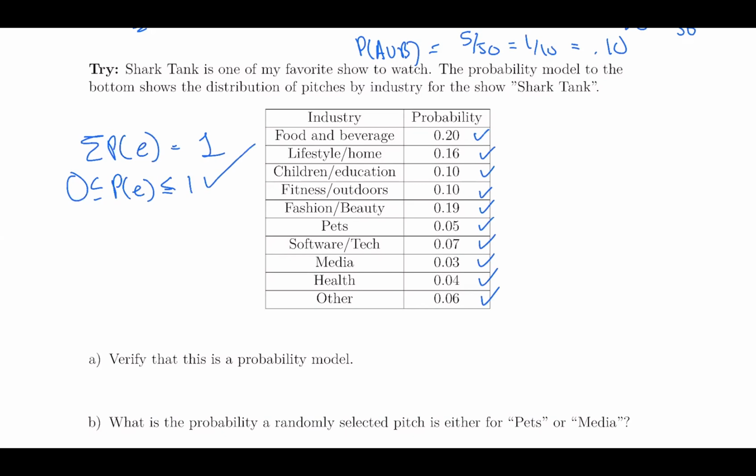The next one, the one that I skipped, is this one. I have to add up all the probabilities and see, do they add up to 1? So we have to do 0.20 plus 0.16 plus 0.10.